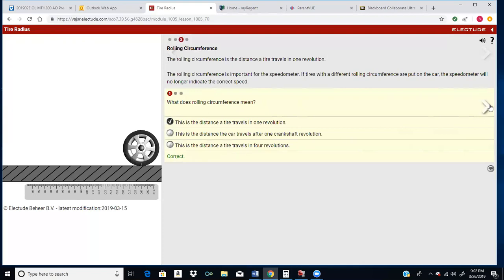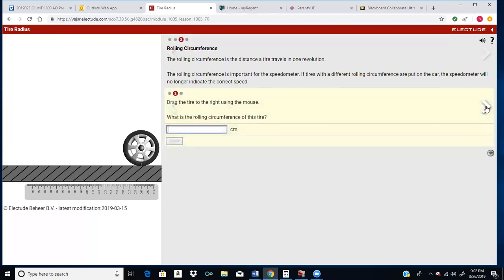Okay. All right. So here, good. Then it says drag the tire to the right using the mouse. So basically here, I need to put it at the 0 mark. Okay. So I'm going to drag it to the right, and then it's asking what is the rolling circumference of this tire. So let's roll it.